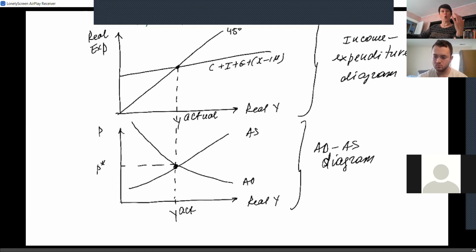Just to show you why we need the income expenditure diagram: first, and most important, to find the actual GDP level where the economy is currently producing, and then take this level down and find the equilibrium for the aggregate demand, aggregate supply diagram, okay?